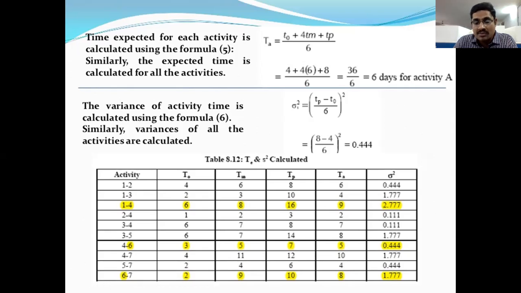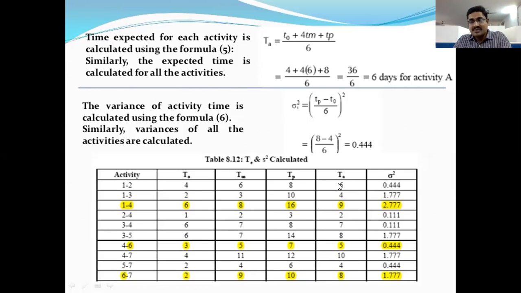I am applying this formula to all these activities. Then we will get 4. Finally, activity 6 to 7: 2 plus 4 into 4 plus 10, by 6. Then we will get 8, right? So like this, we calculate these 3 timings into a single time by using this formula.